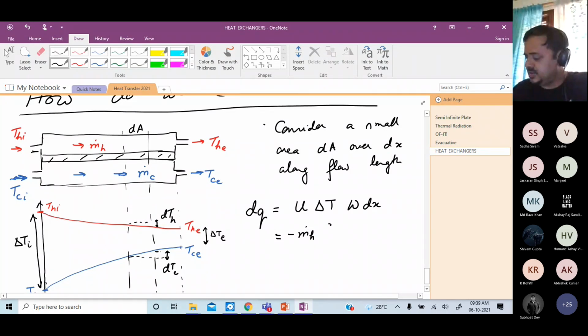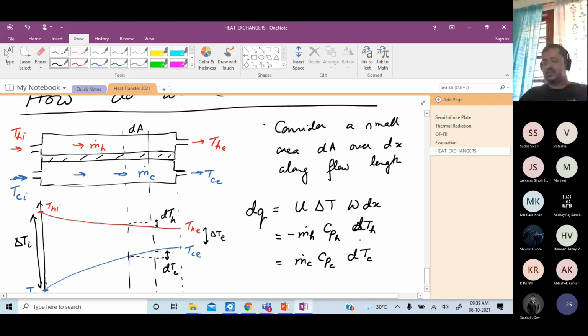Cph dTh, and m dot c Cpc dTc, and so on. I can write the total heat transfer in terms of the temperature drop of the hot fluid, the temperature rise of the cold fluid, or the total heat transfer.